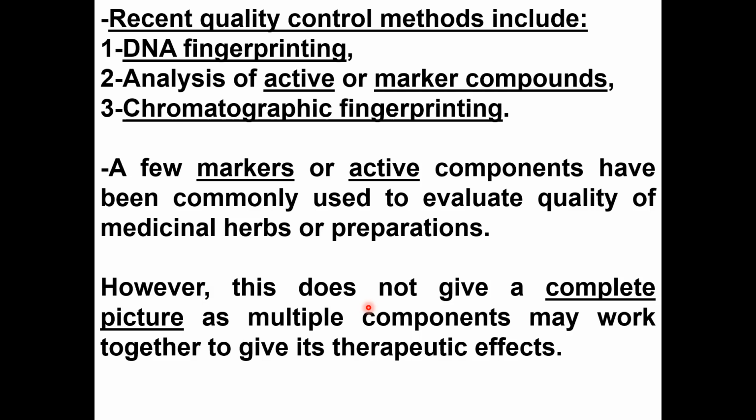There are advances which happened lately in the field of quality control of herbal drugs, including DNA fingerprinting, analysis of active and marker compounds, chromatographic fingerprinting. As we said before, if you have active constituent, non-active constituent, even a marker, we can make an assay and we can make evaluation based on the level of these compounds in the plant.